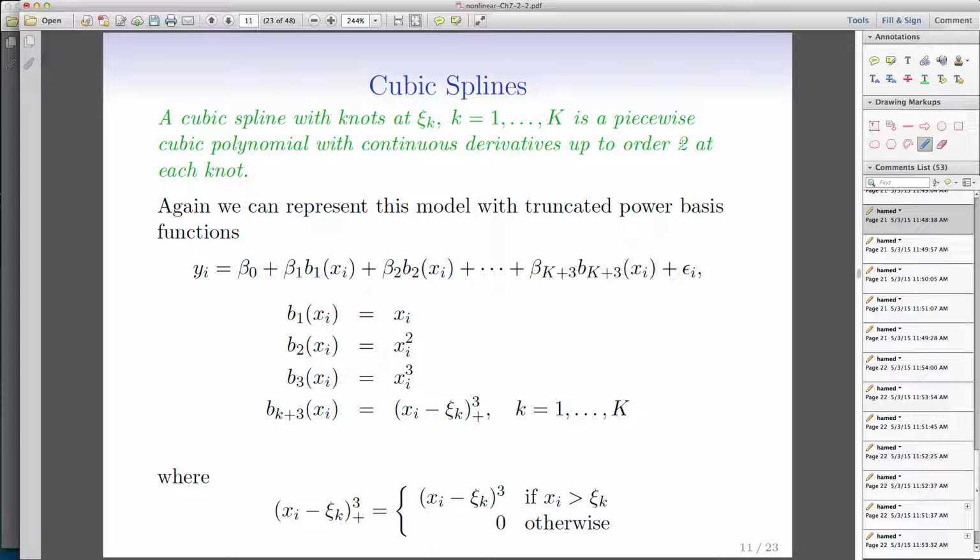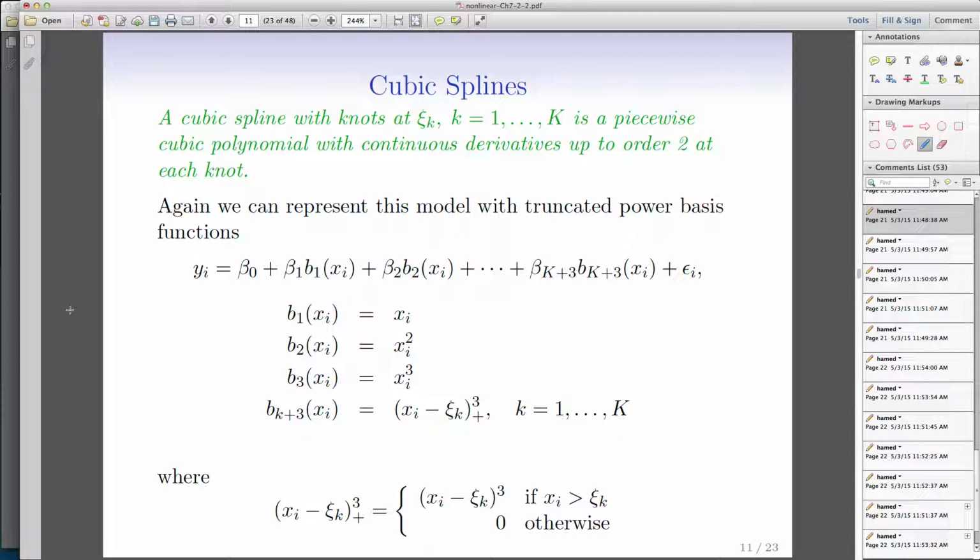We can go further and use a more general form of splines, and this is the cubic spline. That is one of the most famous splines out there. It's not as useful as some of the other splines that we're going to discuss, but in general terms it's the easiest to show and simple to use.